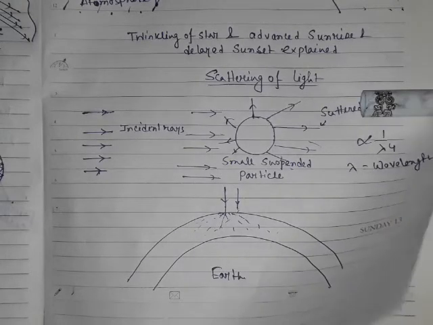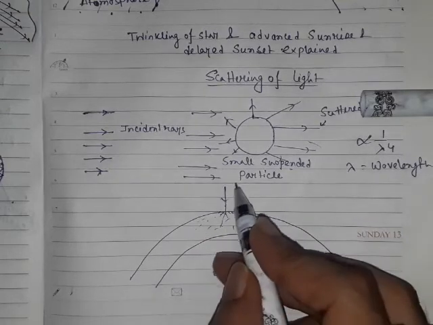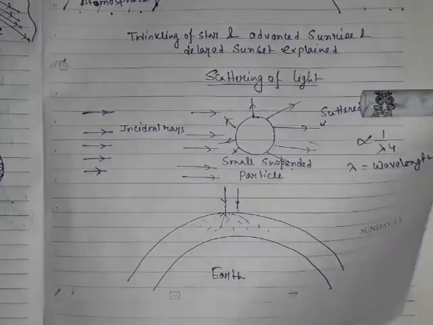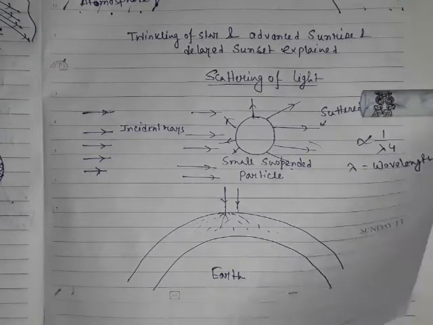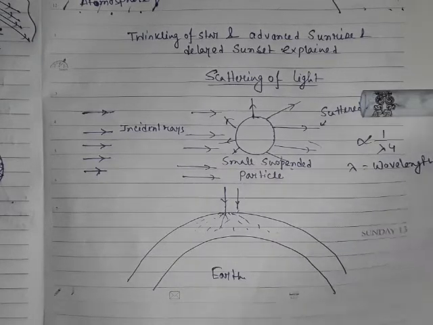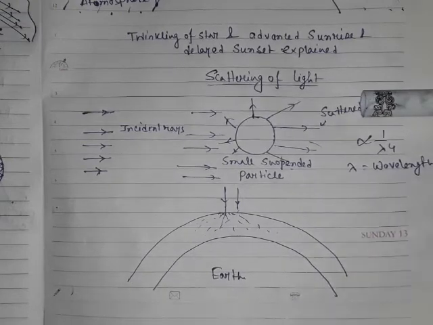The light that is coming directly from the sun, when you are looking at the sun, you will get that light. When you are not looking towards the sun, you will not get any light directly, and you would see the sky black.